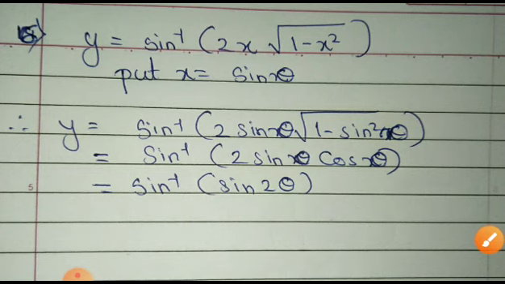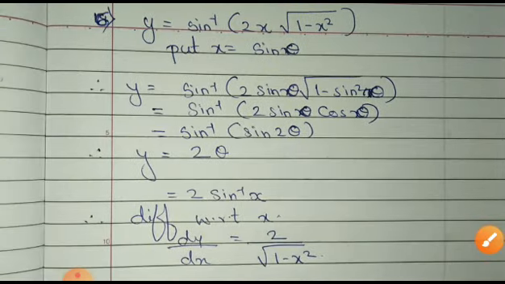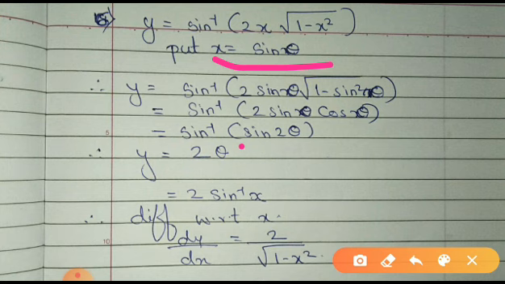So put x as sine theta. It will be sine inverse of 2 sine theta cos theta. So I'll get sine inverse of sine 2 theta. So can I write that as 2 theta? But since x is sine theta, I'll be getting it as 2 theta, which I can write as 2 sine inverse x.